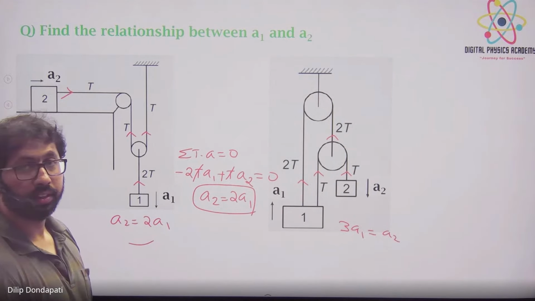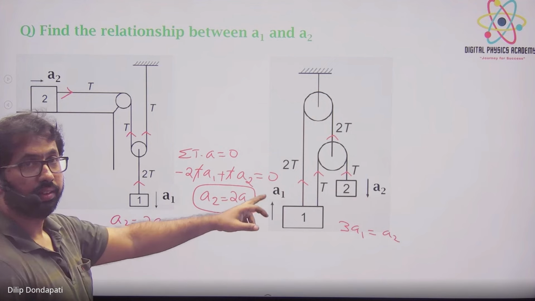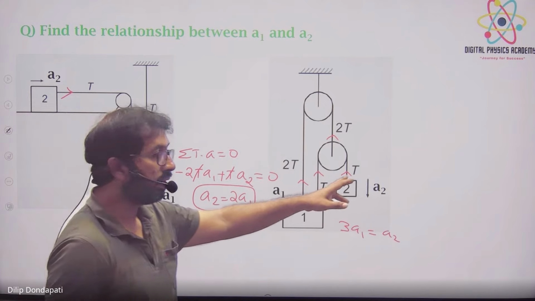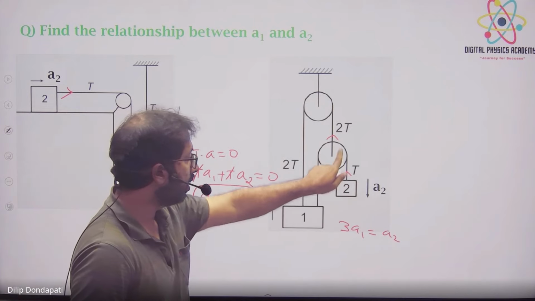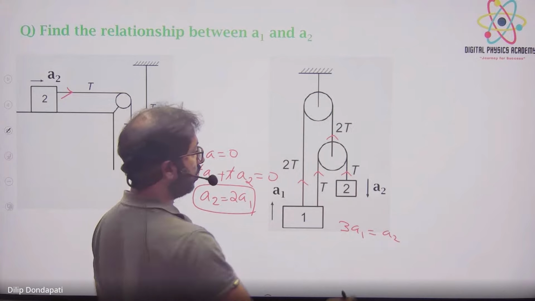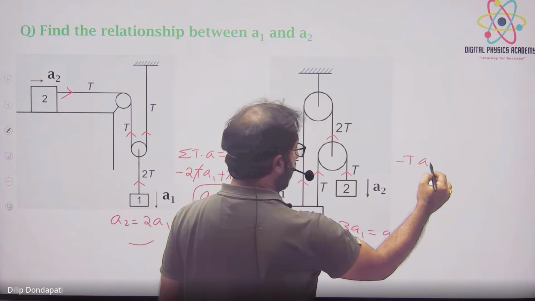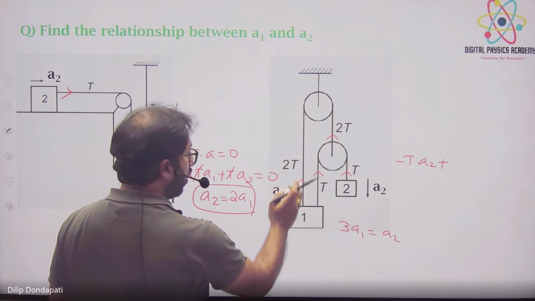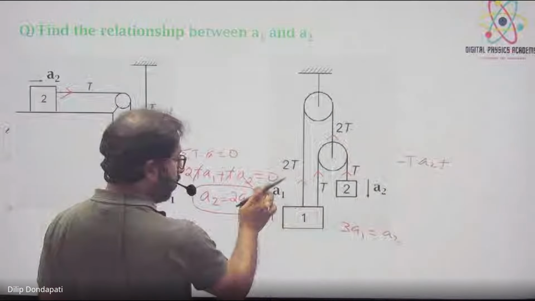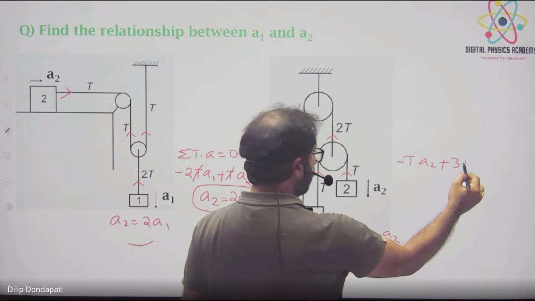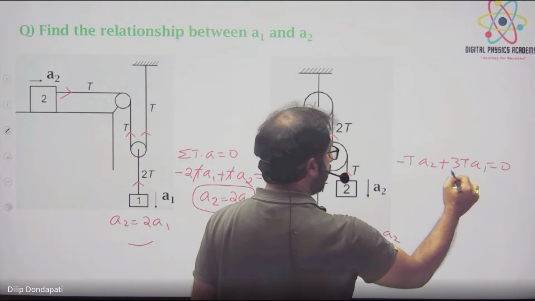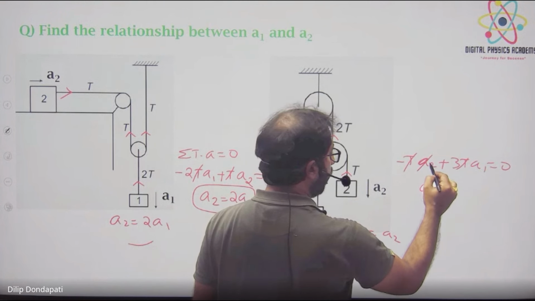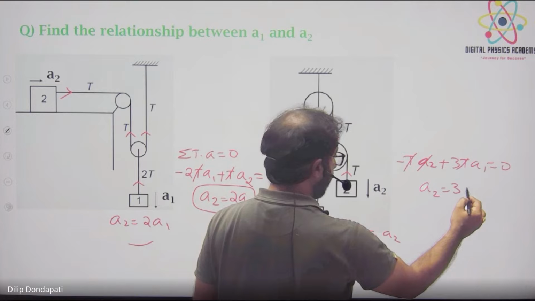Second one, did you get it, Krishna? Use the same relationship here, Jyotish. Look, tension is upward and acceleration downward, so minus T times a2 plus, for the block and string, tension 3T is upward and a is also upward, so plus 3T times a1 equals 0. So T cancels, therefore a2 is equal to 3a1.